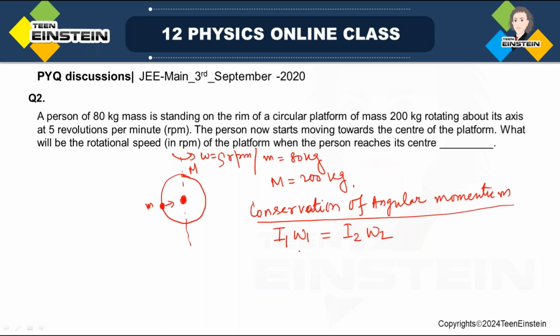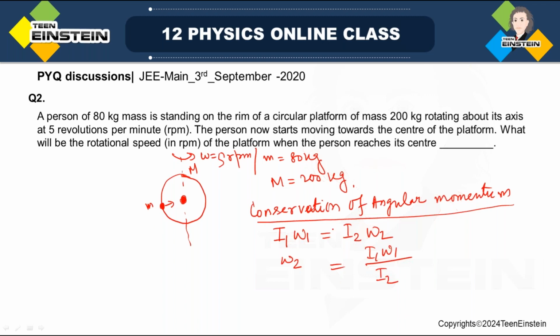So omega is the rotational speed and I is the moment of inertia. So initial moment of inertia, initial rotational speed, final moment of inertia, and final rotational speed. I have to find out the final rotational speed. So I1 omega 1 divided by I2.